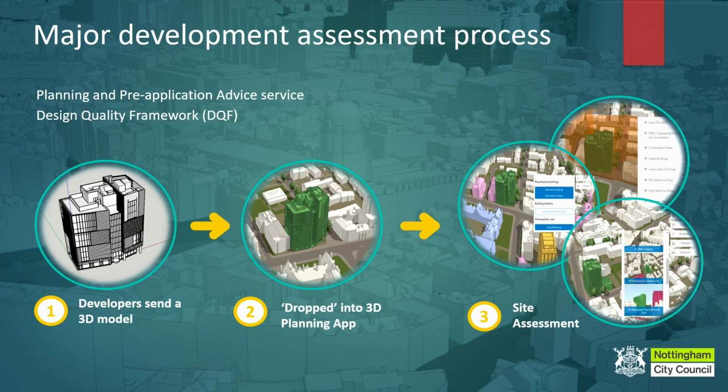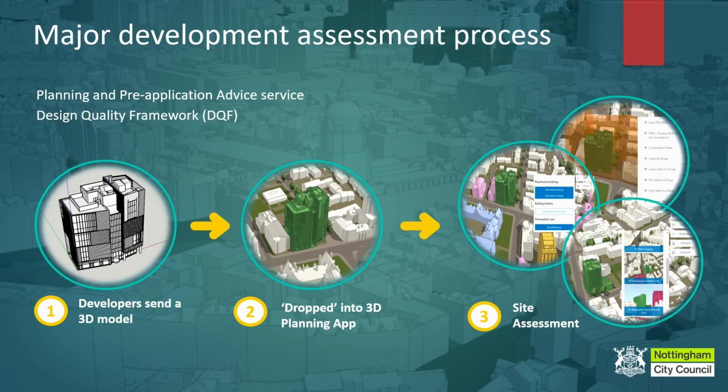So, just before I demonstrate our actual application, I think it's worth understanding a little bit more about the planning process. If we have a major development being proposed within Nottingham, our planners expect a 3D model to be supplied to support the conversations. They don't get any resistance to this, as presumably they're building a BIM model anyway.